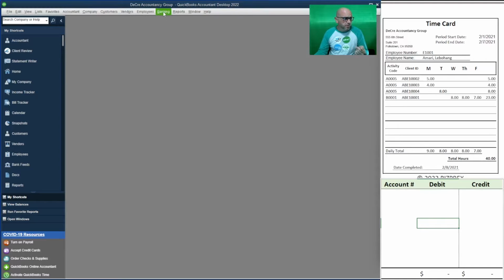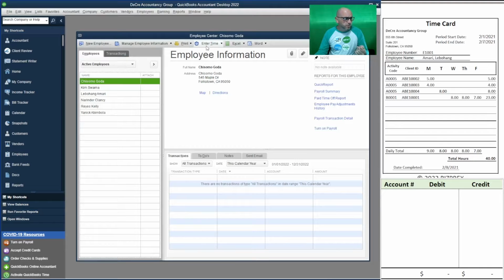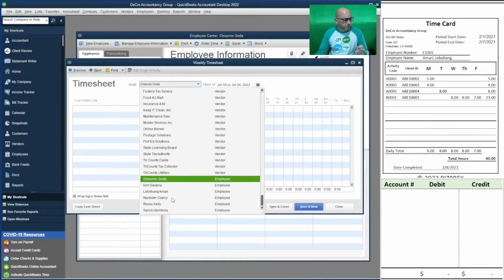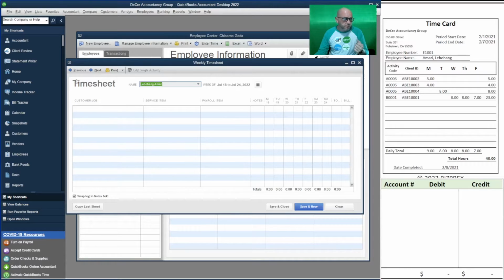Again, these are the time cards. Employee Center, we will not go through the process of entering time cards just simply because we already demonstrated it. It doesn't have any debits and credits value in it. And we basically already uploaded it into the system. And therefore we'll just show you that it's there.